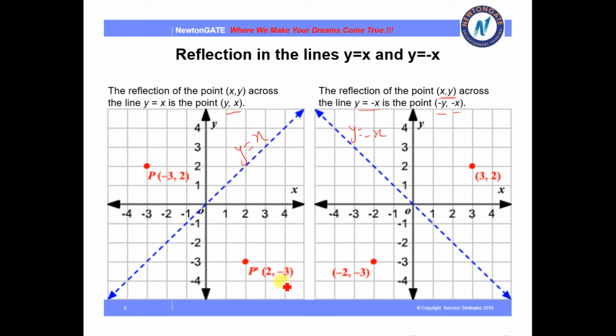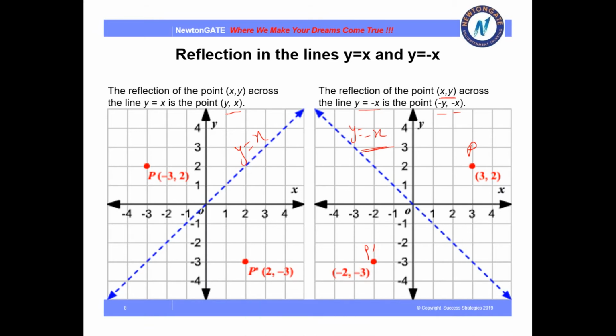So minus 3 comma 2 becomes 2 comma minus 3. Let's say this is P and this is P dash. When P 3 comma 2 is reflected in y is equal to minus x, we get minus 2 comma minus 3.